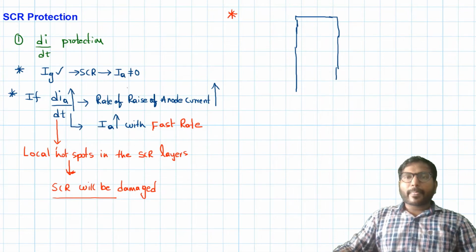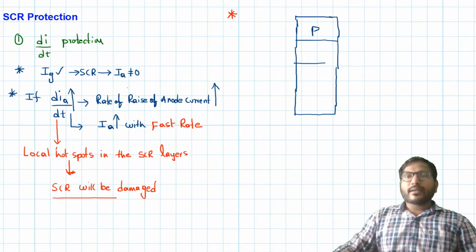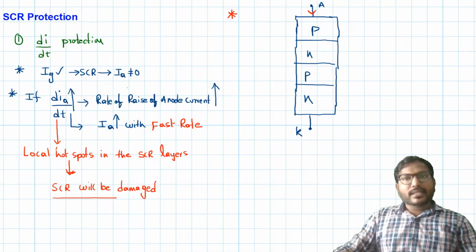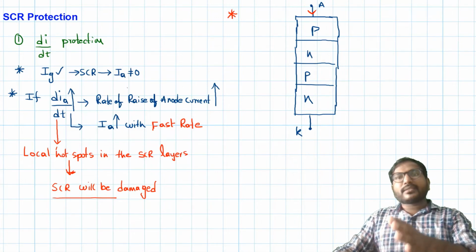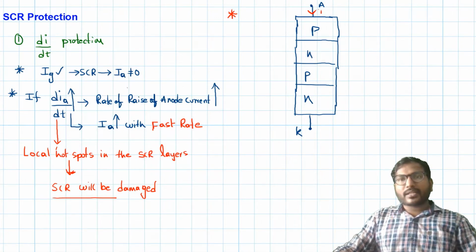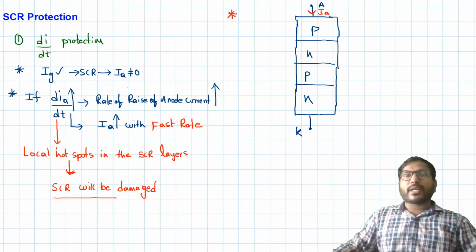This is P and this one is N, P, N, and this is the anode current and this is the cathode current. This discussion is after triggering, where the SCR is conducting. So that's why the anode current is passing from anode to cathode.